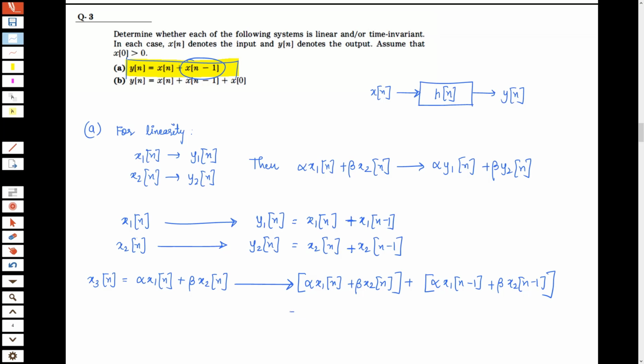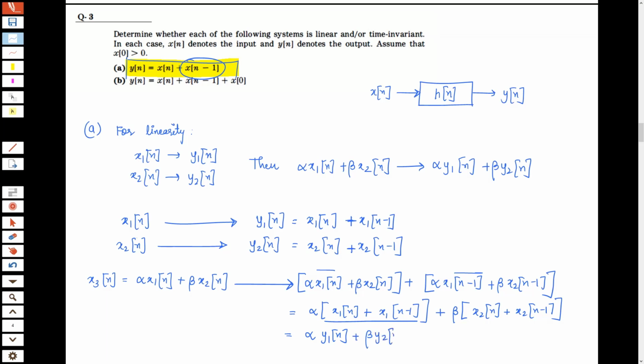Okay, so now let's open this up. Can I write this as alpha times x1[n] plus x1[n-1], these two terms together, plus beta times x2[n] plus x2[n-1], which is nothing but alpha times y1[n], which is what was y1[n], plus beta times y2[n].